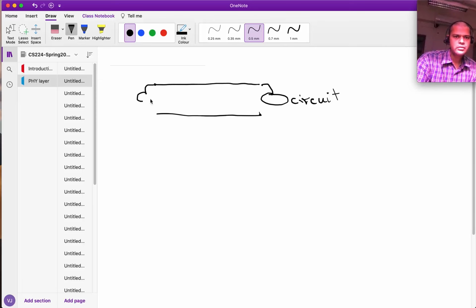And similarly there could be some sort of a circuit here. So this forms some sort of a loop if you think about it.